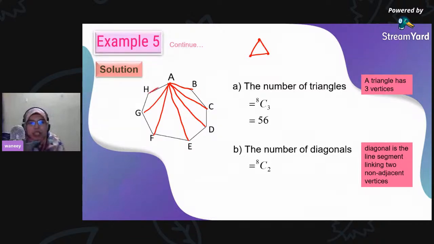So what I should do is minus 8. Why 8? Because we have 8 sides. So 1, 2, 3, 4, 5, 6, 7, 8. Since I have 8 sides, if I minus them, I will get all the diagonals. So it will become 20.